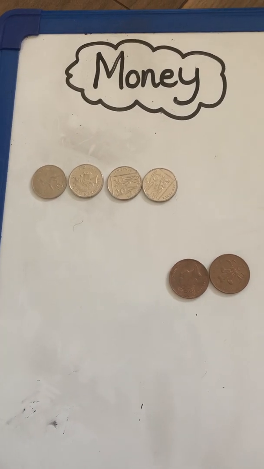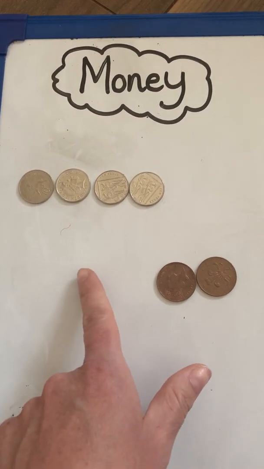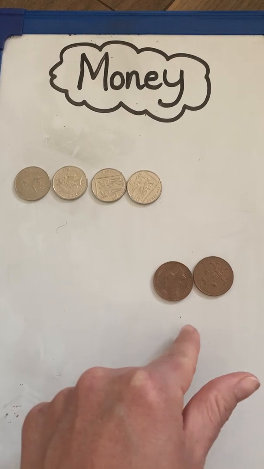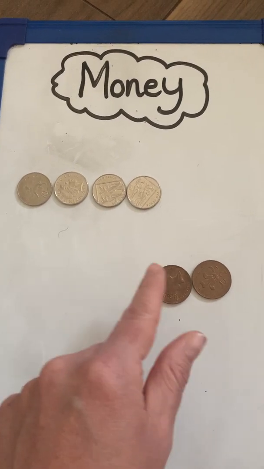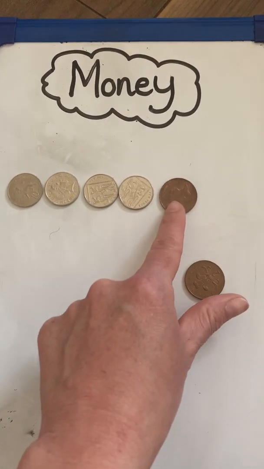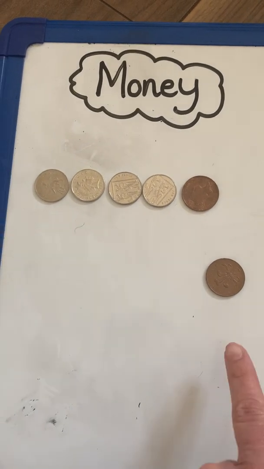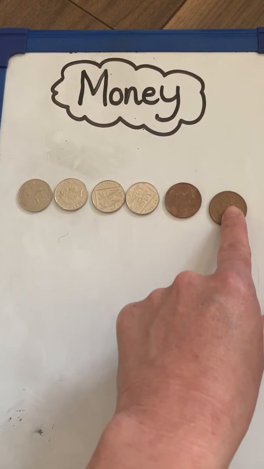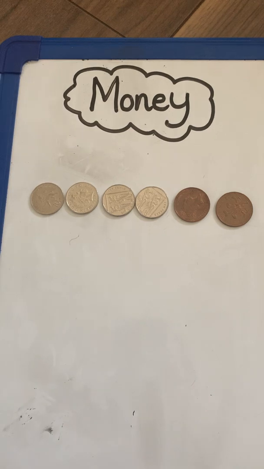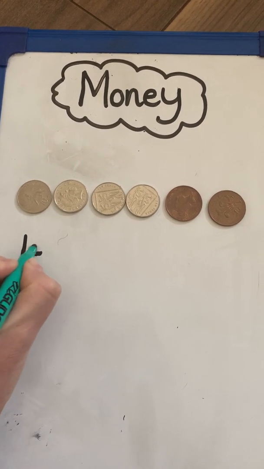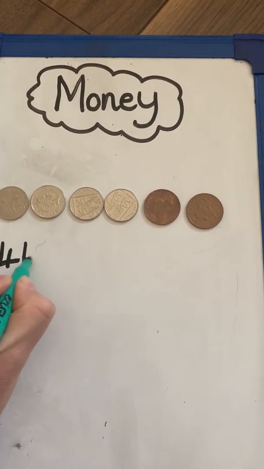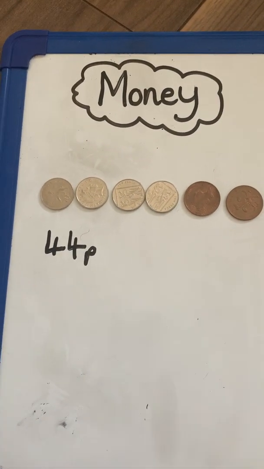So what I'm going to do now is I'm going to switch from counting in tens to using my counting in 2s this time. So 2 more than 40 is 42. And 2 more than 42 is 44. So there we have 44 pence.